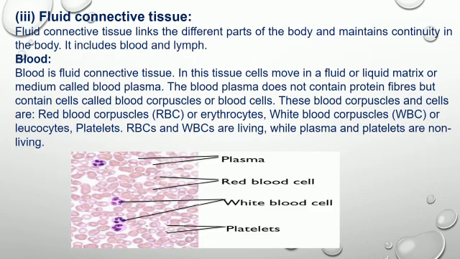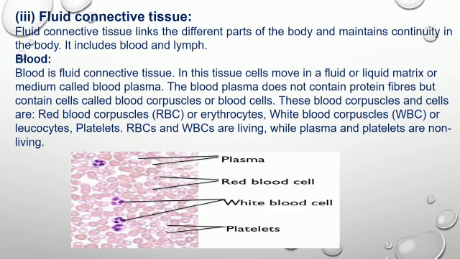Fluid connective tissue. Fluid connective tissue links the different parts of the body and maintains continuity in the body. It includes blood and lymph. Blood. Blood is fluid connective tissue. In this tissue, cells move in a fluid or liquid matrix or medium called blood plasma.